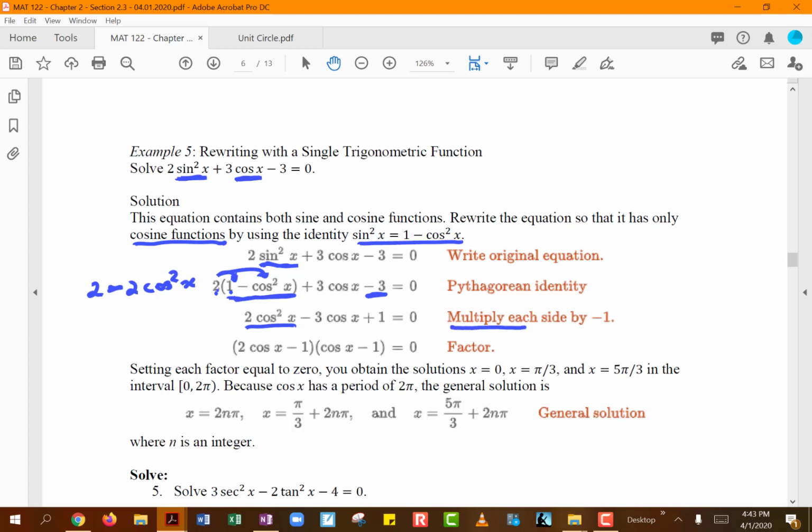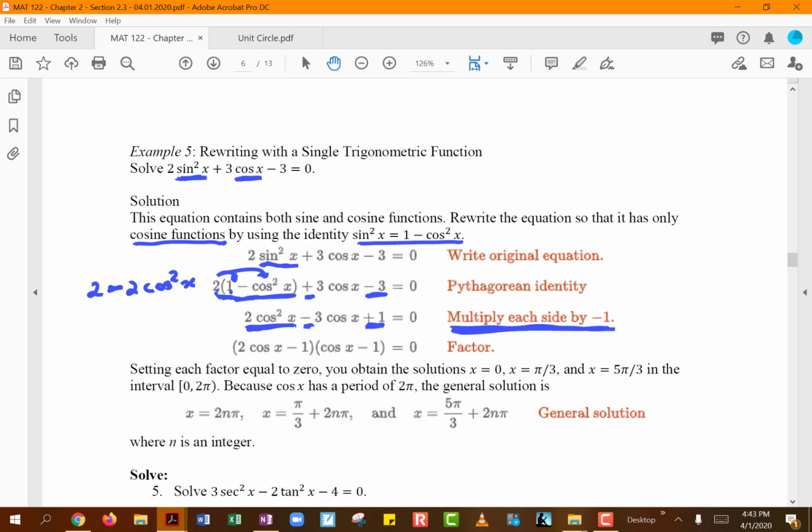So that's why we're going to multiply both sides of our equation by negative 1. And when we multiply by negative 1, it's going to change the signs on all of this. So your negative cosine squared here becomes positive 2 cosine squared. This positive 3 cosine of x became negative 3 cosine of x, and that's why this negative 3 here, when you added it with the 2 times 1, ends up becoming positive 1 over here.